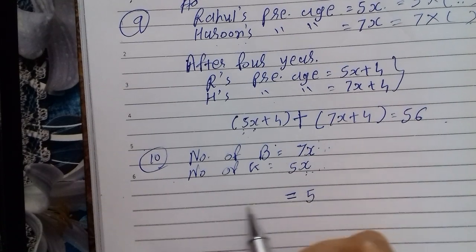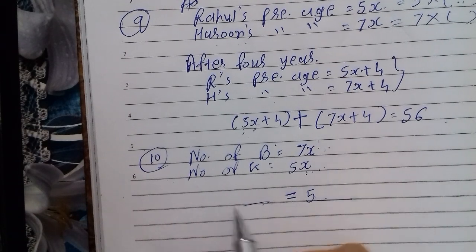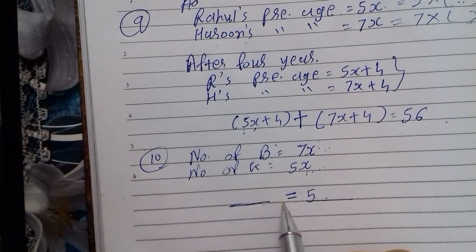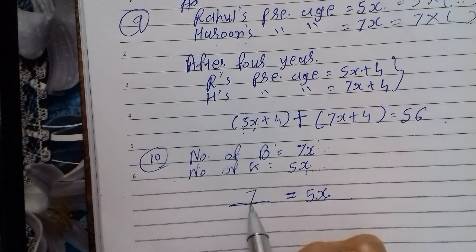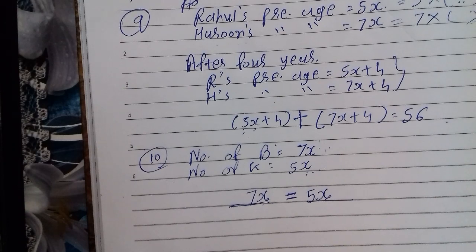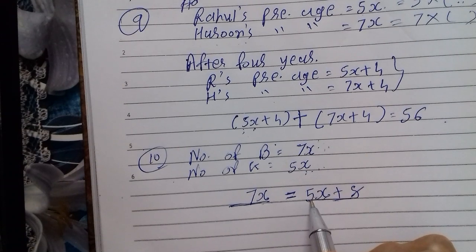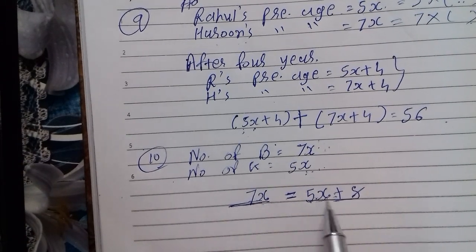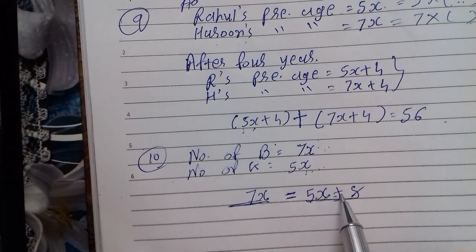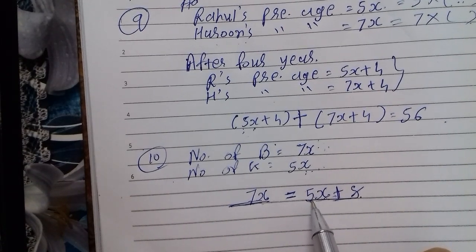So if you want to make the strength of boys and girls equal, then where do you add 8? Here, because the number of girls is less. So add 8 to the girls' strength.